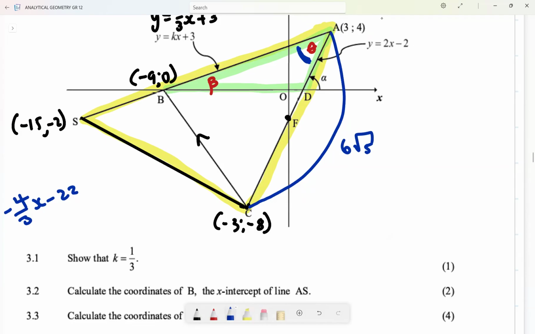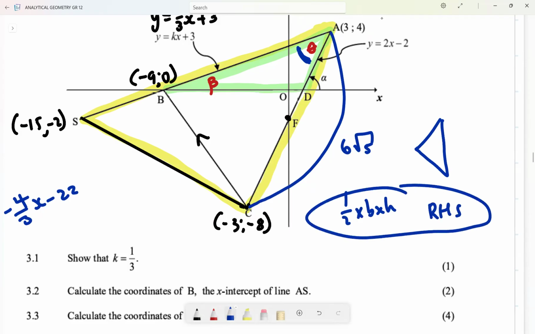If they have a common angle, this is easy. If I have a triangle like this, I cannot use half times base times height, because I only use it when I have a right angle triangle, and this one is not. So I'm going to use half times A times B times sine C. If this is the angle, I use the adjacent sides. So it's easy to do that.